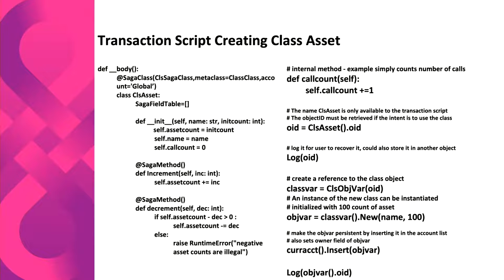And then, of course, as you can see in the rest, you can log that object's instance as well. You can insert it into your current account and maintain the persistence for it. Technically, it's possible to create objects that are only alive for the transaction script. You can actually pass them around, and when the transaction script finishes, they will eventually go away. Not 100% sure what to do with that yet, but it's technically there.